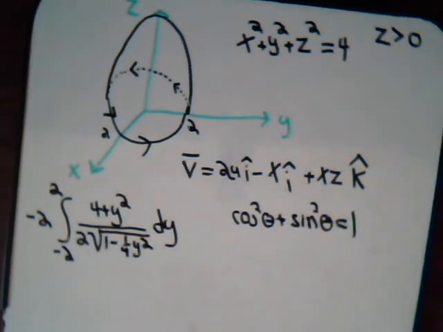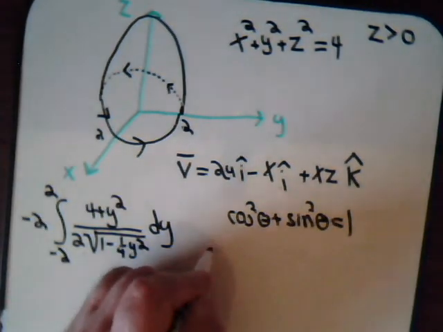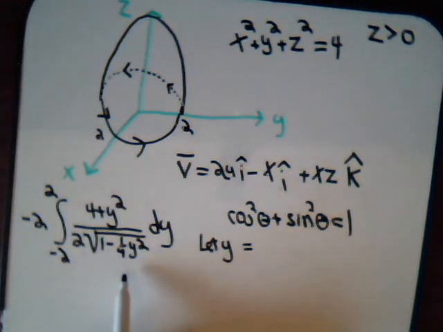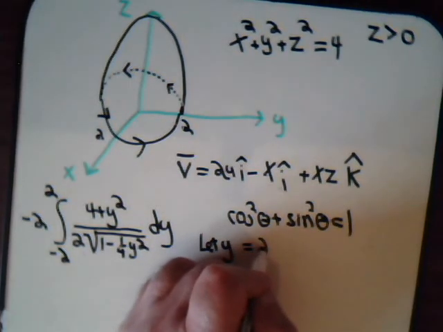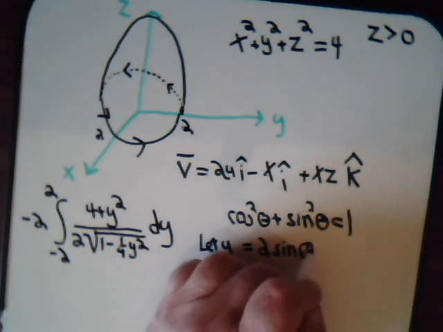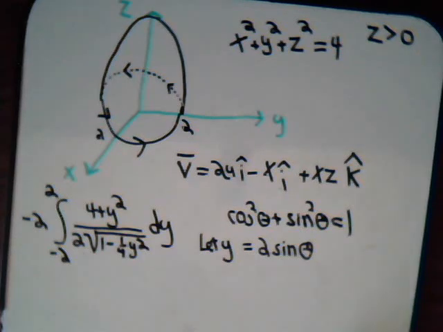Let's try it like this. We'll say let y, we have this 1/4, so let's say let y equal 2 times the sine of theta. So that this squared will be 4 divided by 4, that'll be 1 sine squared theta.